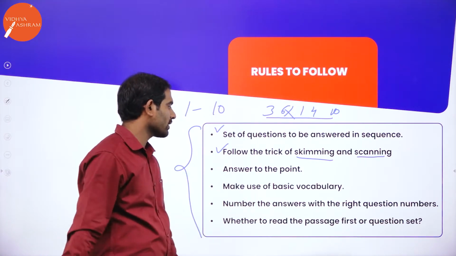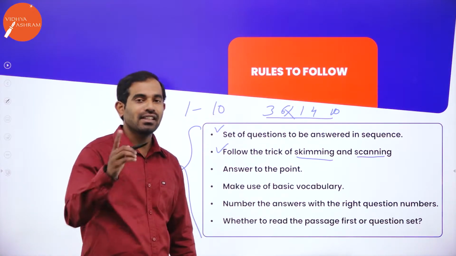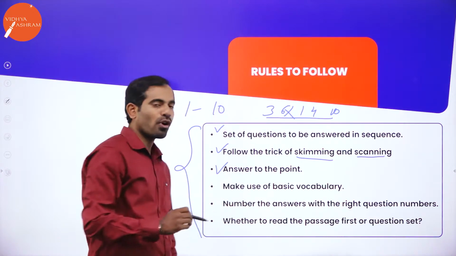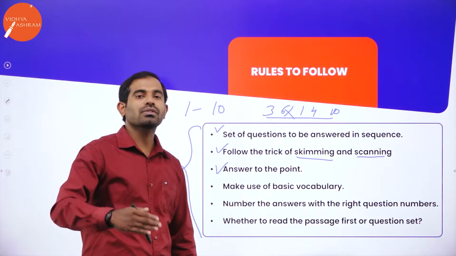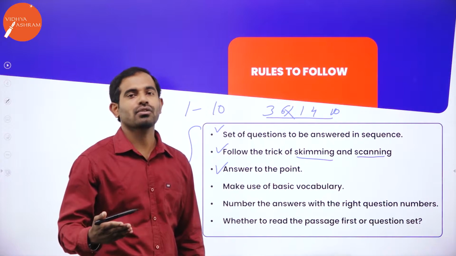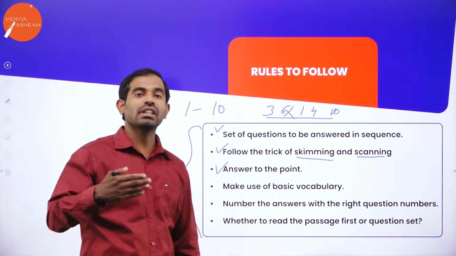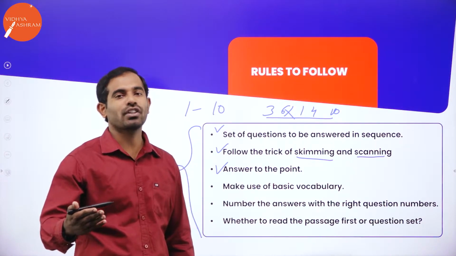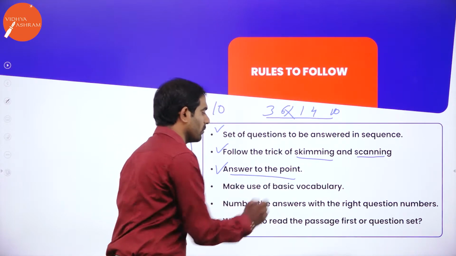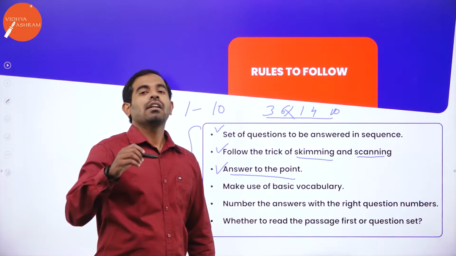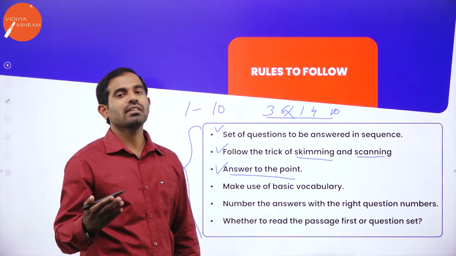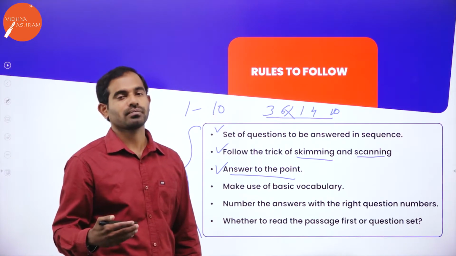Now the third rule is answer to the point. This is very important. Most of the students who tend to fail in English, or who see English as a difficult language, need to follow this rule. Let us say that for the second question, the answer lies in the third line.